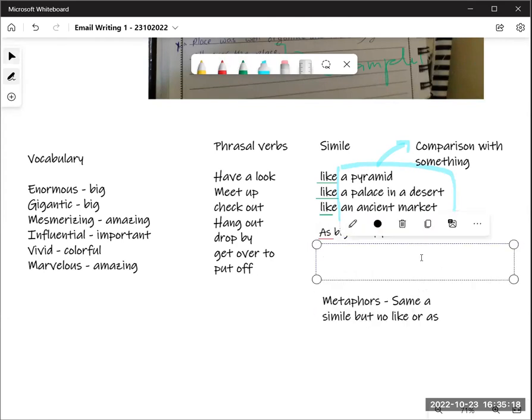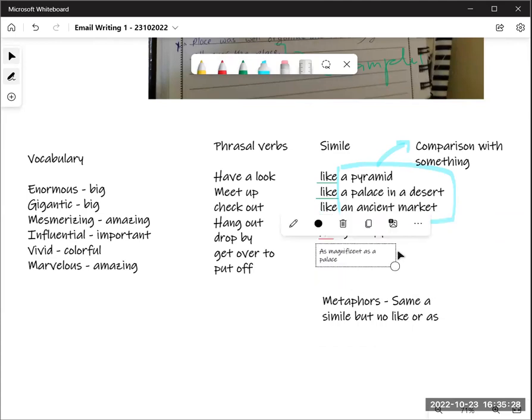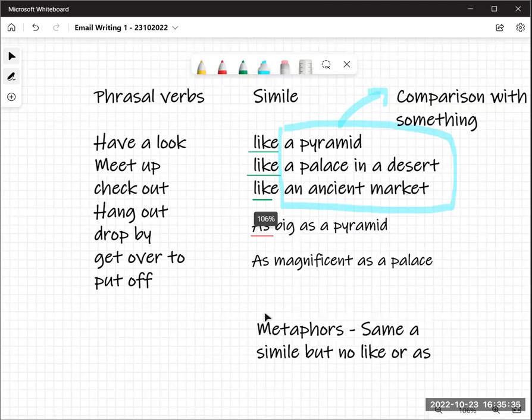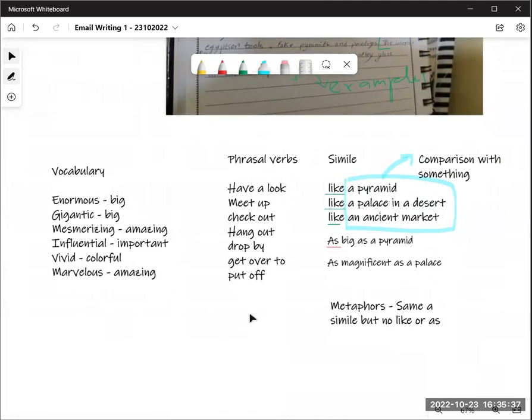Similarly, we have, let's say, as magnificent as a palace. Now I want all of this to be in your writing. Some of these must be there in your writing. You're going to finish it as homework, and you have to use these.